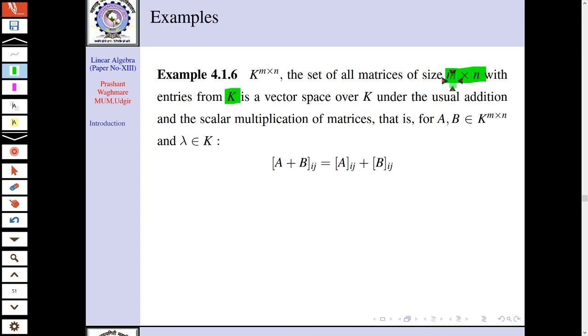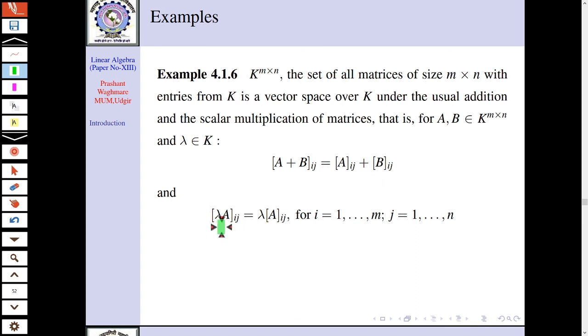If the matrices have the same size, then we can add easily. We can add corresponding entries here. So that is the addition defined, and with respect to this addition, this K raised to m by n is an abelian group. One can easily check it.